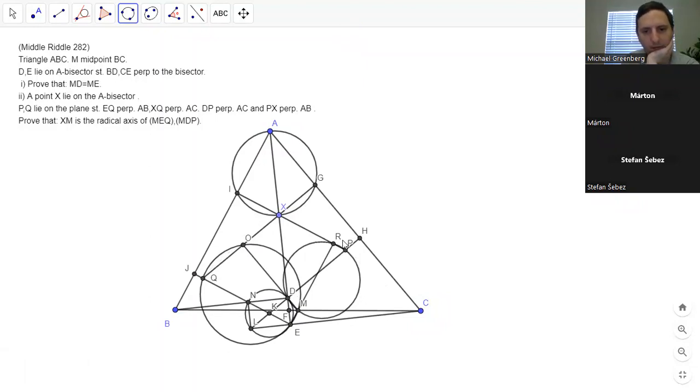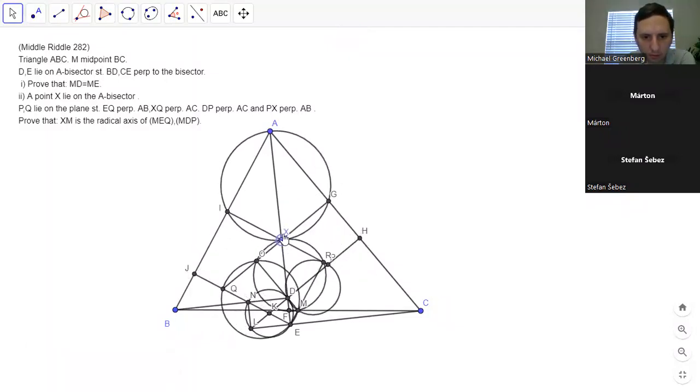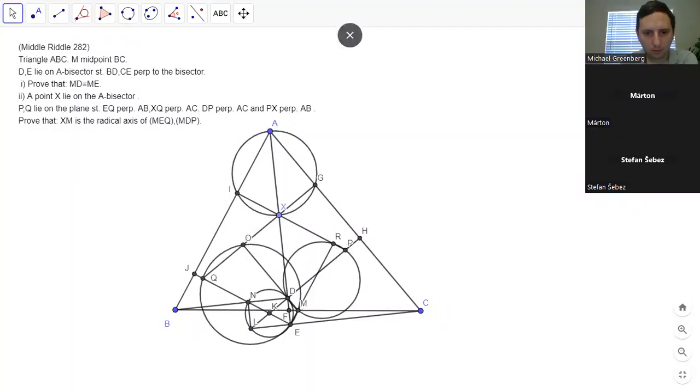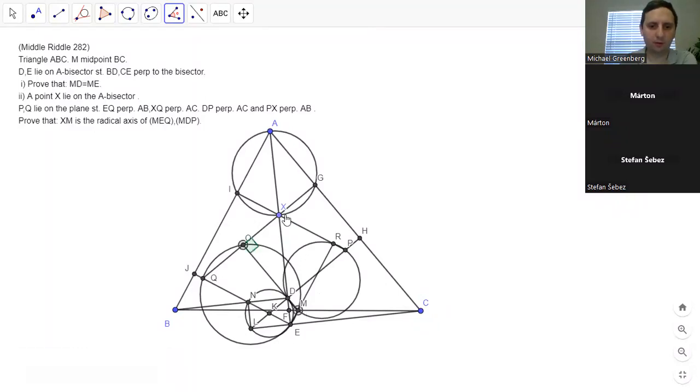Okay, so adding in those points definitely looks useful. Are those circles tangent? They almost look tangent. So yeah, you were asking if it's a right angle. Yeah, it's a right angle.